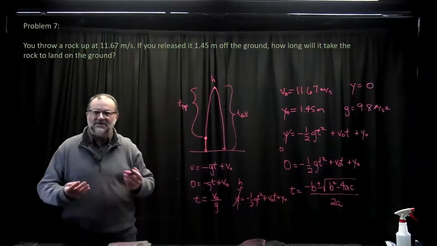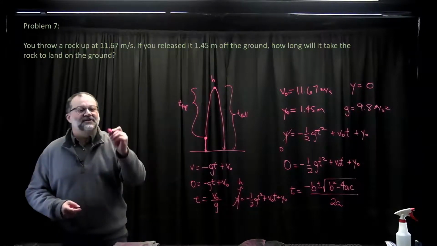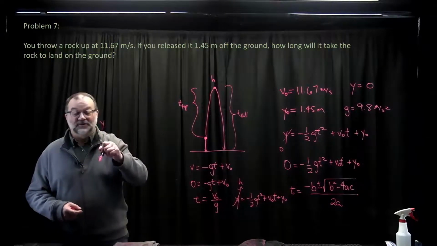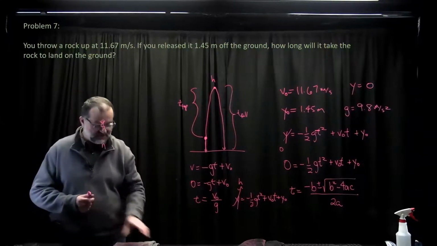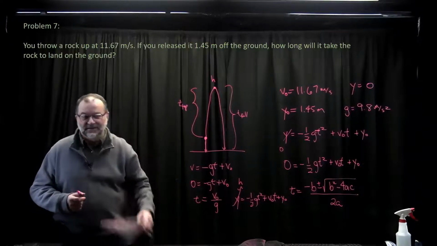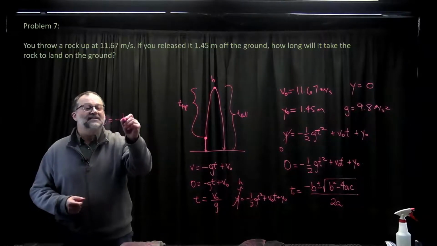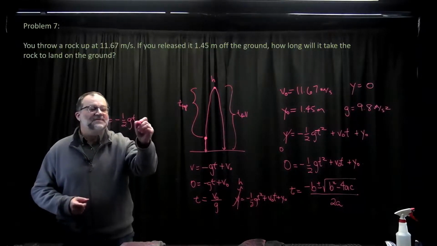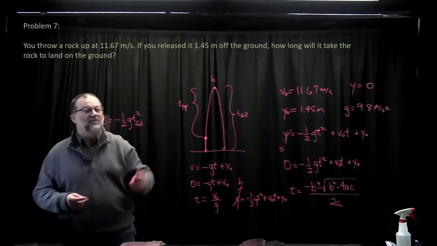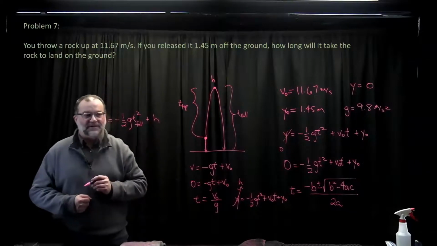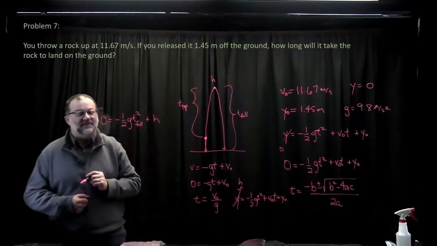That piece is also pretty easy. Once you're at the top and sitting still, our initial position is now h. What's our final position? 0 is minus 1/2 g t fall squared. What's our initial velocity? 0, plus h, so the velocity term is gone because we're at zero velocity at the very top.